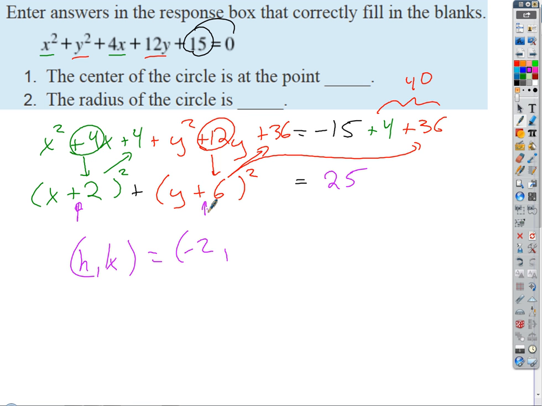Opposite of that sign, right? -6. And r is? 5? That's r squared, right? So it's 5. And maybe I should write that as the square root of 25, which is 5. Okay, does that make sense?